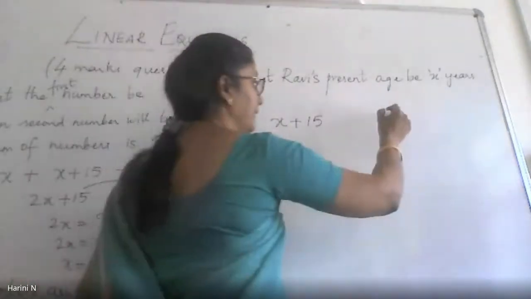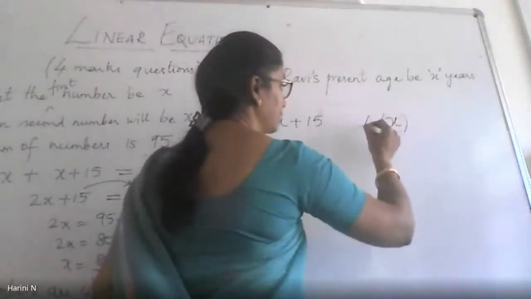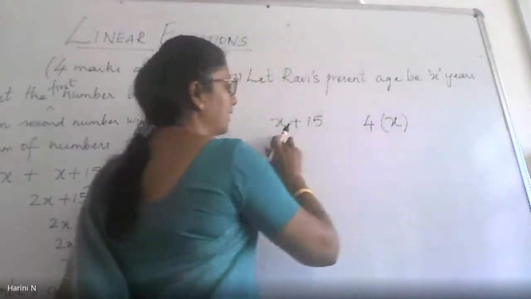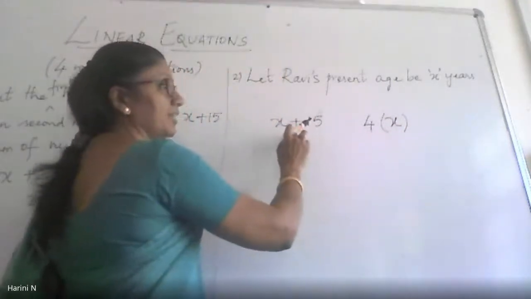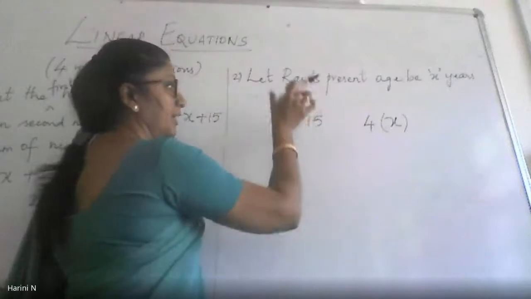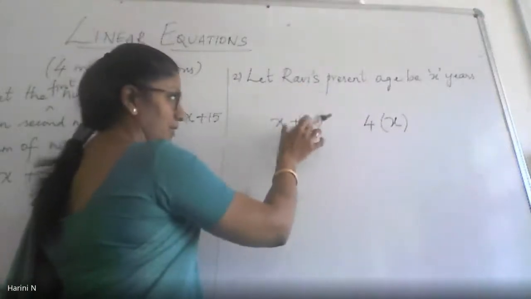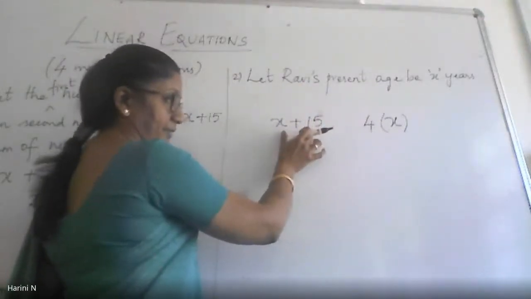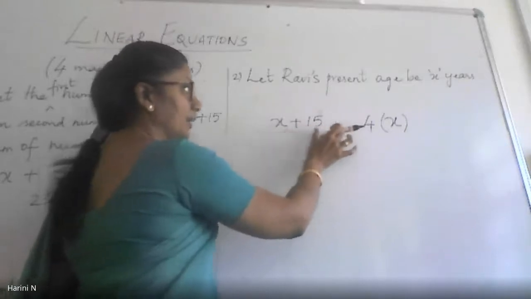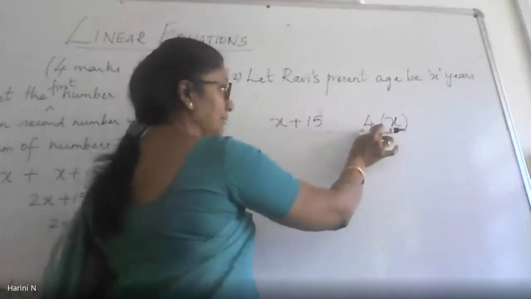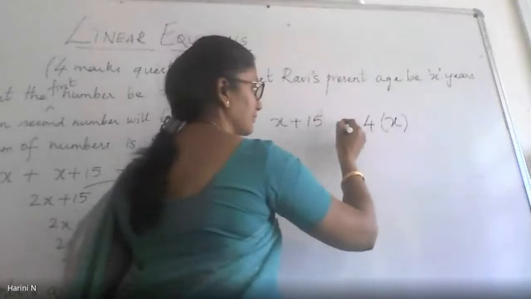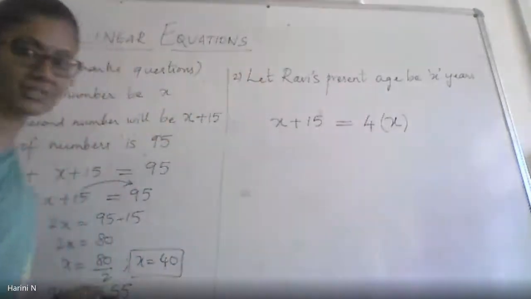I have to multiply the present age with 4 to get the age which is 15 years from now. 15 years from now, this is the age of Ravi. This is equal to 4 times his present age. The equation has come.